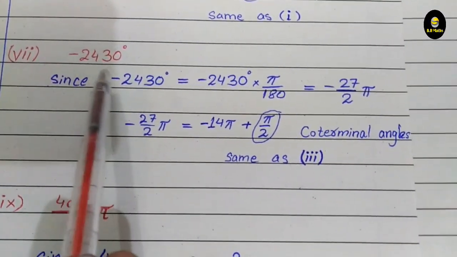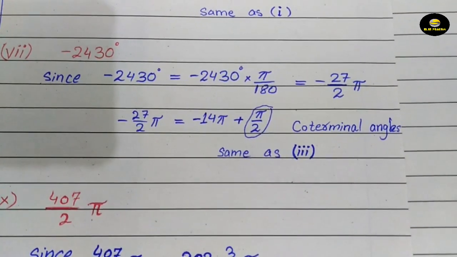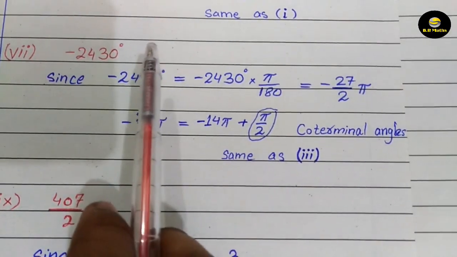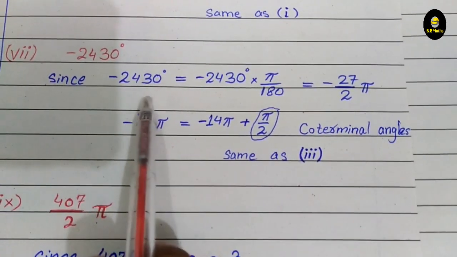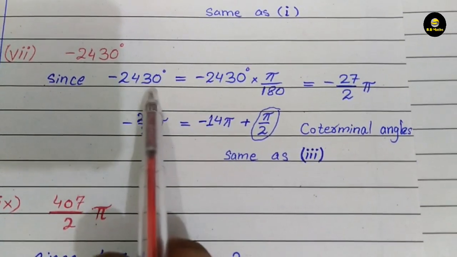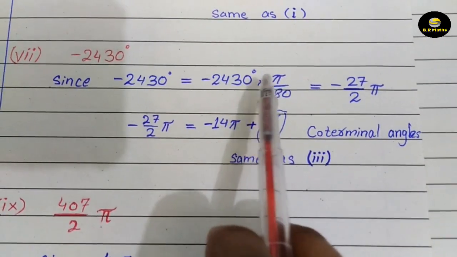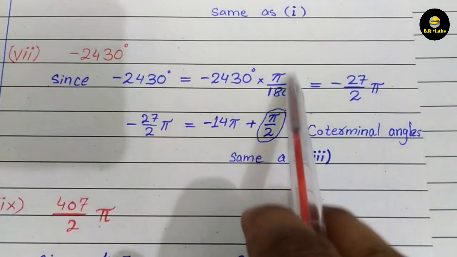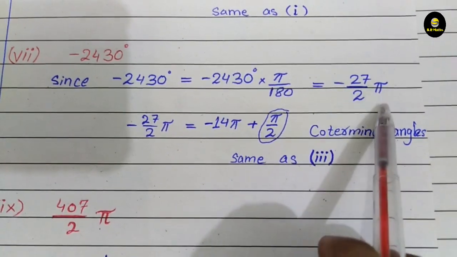And the next, minus 2430 degrees. So this is a degrees question. Firstly, minus 2430 is converted into radians, multiplying with pi over 180, which is equal to minus 27 over 2 pi.